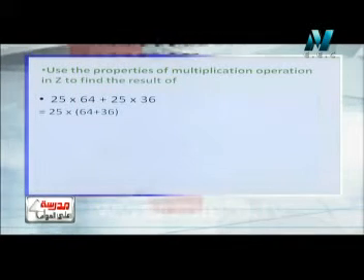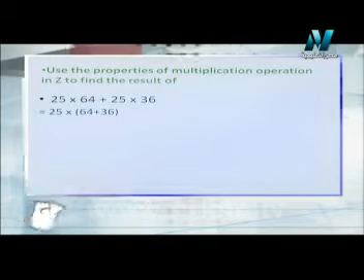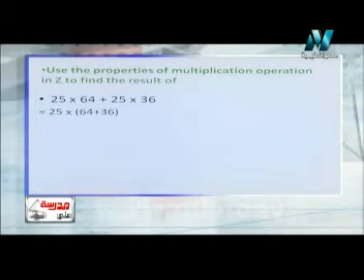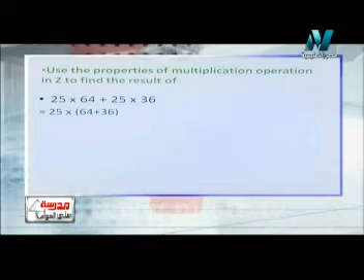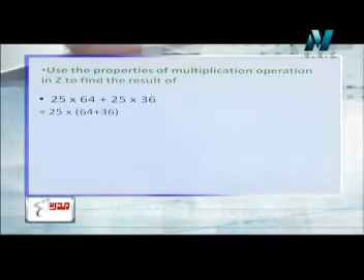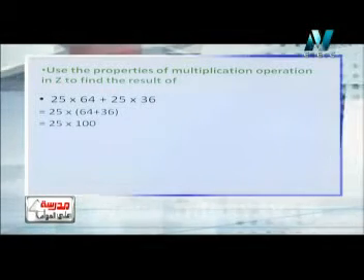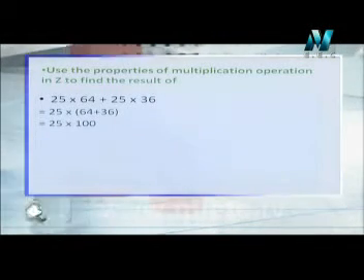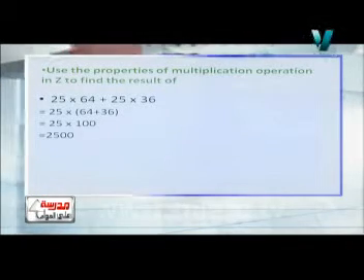Then equal 25 times between two brackets 64 plus 36. Then we will carry out the operation between two brackets. 64 plus 36 equal 100. Then 25 times 100 equal 2500.